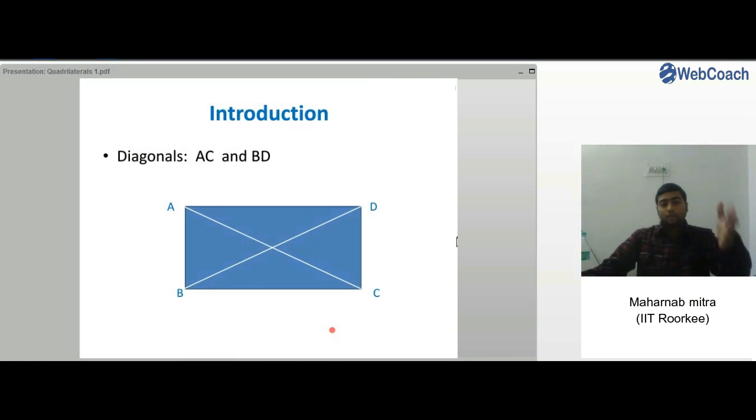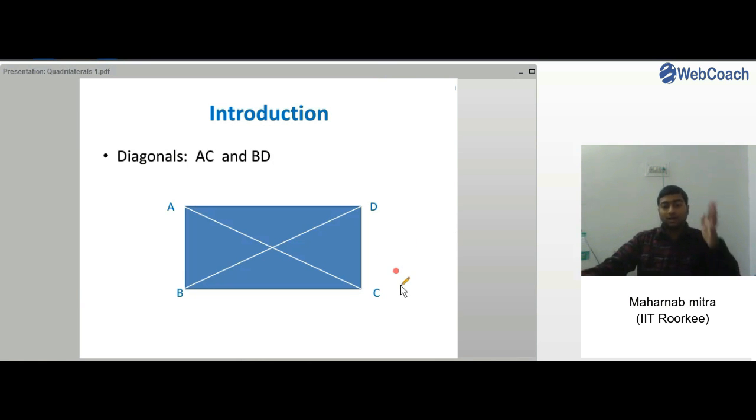So we have joined the 2 opposite vertices, and these white lines shown here, the lines joining the opposite vertices, can be called diagonals, and diagonals can be named in the same way we name line segments, like AC and BD, right?